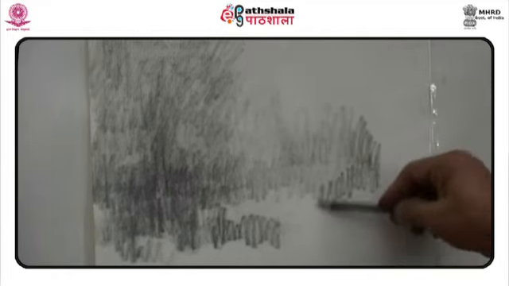Now among the oblique and vertical scribbles, add a few horizontal lines to add another space division, which is clearly indicating the path in the field. The vision has started traveling from the foreground to the background.